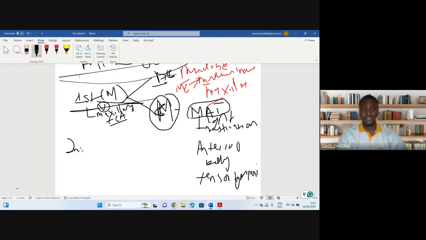The second pharyngeal arch, the same thing, has a bone and a muscle. It has a blood supply, and then it has a nerve supply.